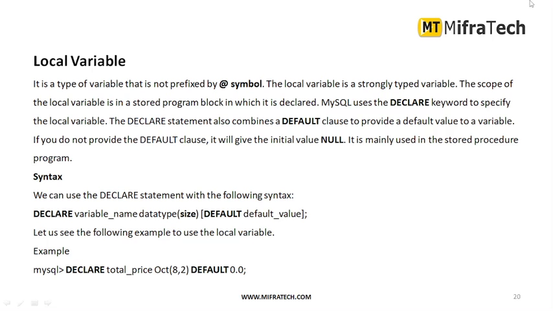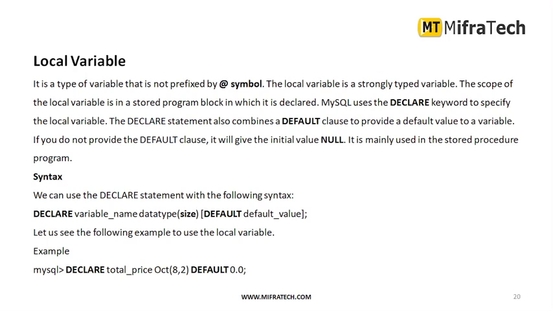Local variable is a type of variable that is not prefixed by the @ symbol. The local variable is a strongly typed variable. The scope of the local variable is the stored program block in which it is declared. MySQL uses the DECLARE keyword to specify the local variable. The DECLARE statement also has a DEFAULT clause to provide a default value to a variable.